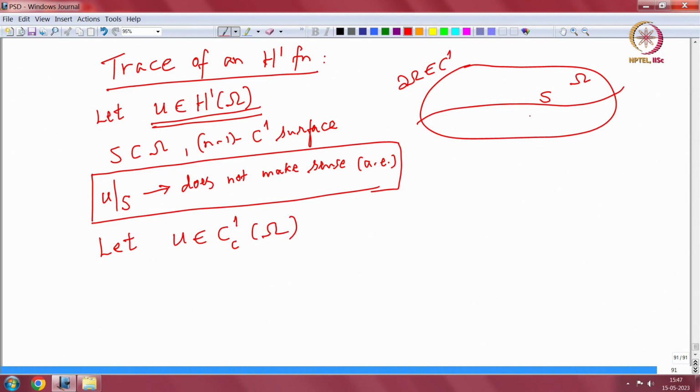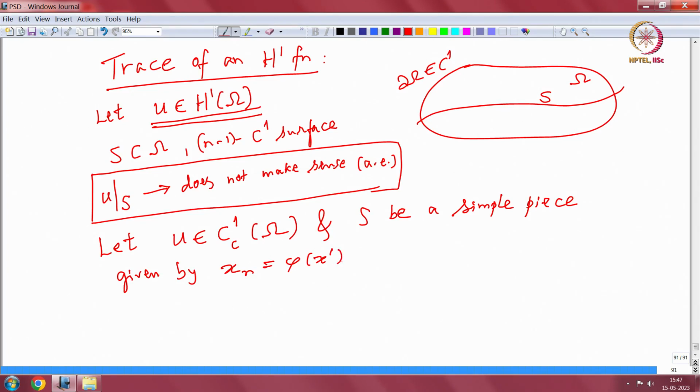And so, I want to take another piece. So, let S be a simple piece, given by, again for the sake of easy writing, I use this coordinate x n equal to phi of x prime, and these x prime vary in a domain D. This is the projection of S onto x n equal to 0.